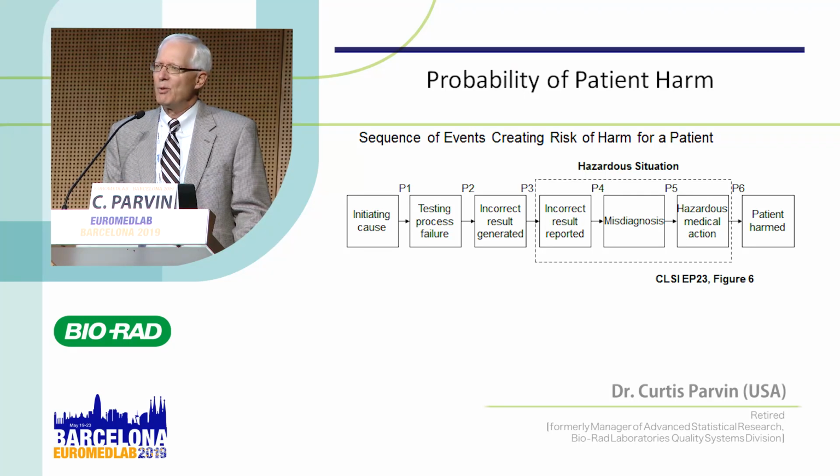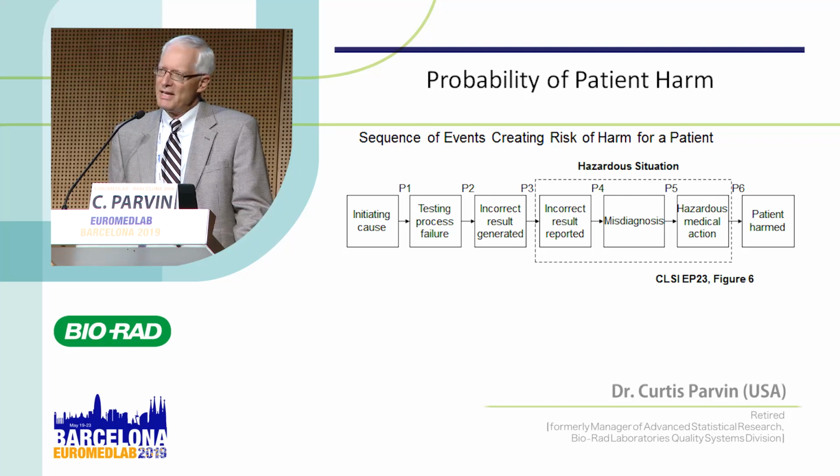When the laboratory reports an incorrect result for a patient, it creates a hazardous situation for that patient. And whether or not that hazardous situation leads ultimately to patient harm will depend upon the likelihood that an incorrect result is acted upon inappropriately.